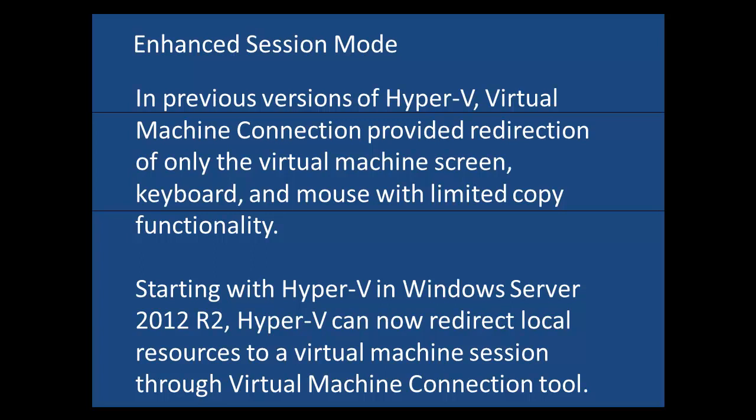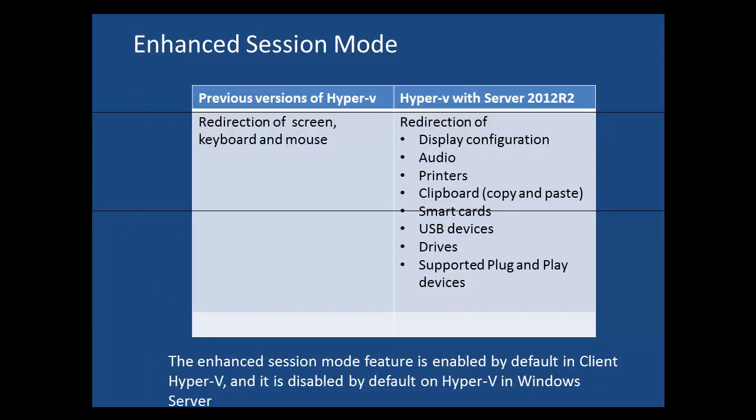Starting with Hyper-V Server 2012, we can now redirect local resources to the virtual machine session through the virtual machine connection tool. You can see here on screen, we have two columns.